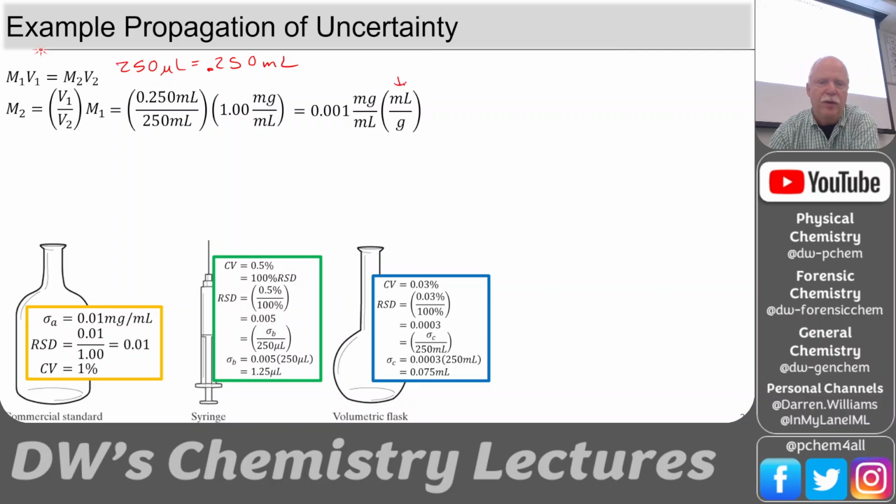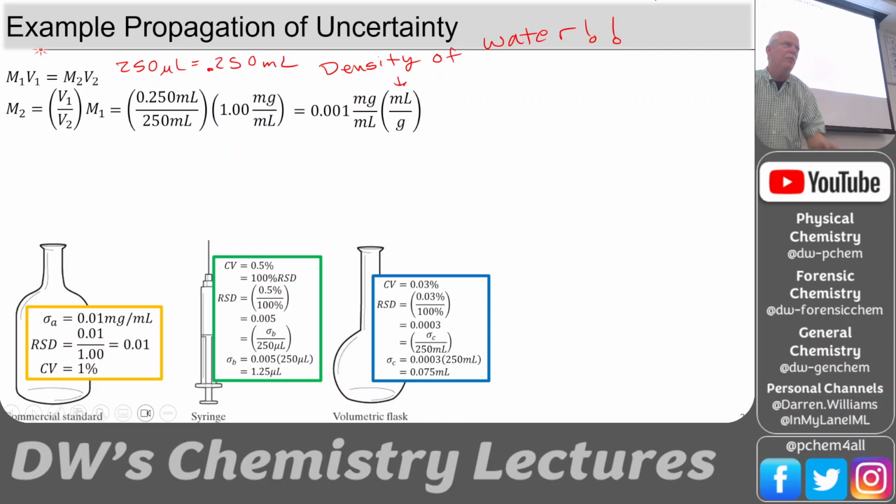This is important. Density of water. It sneaks in there. Whenever we're using things like parts per billion or percent, the units on top and the units on bottom have to match. So it needs to either be by volume or by mass.